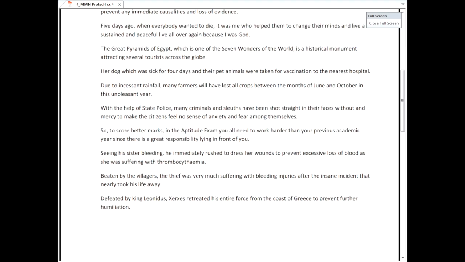From the coast of Greece, noun segment. To prevent humiliation. Humiliation is a noun, I know because it ends in tion. What kind of humiliation? Further humiliation. So further is acting like an adjective here. Although further is actually an adverb, here it is acting like an adjective for humiliation, and we can also say it is acting like an adverb for prevent.